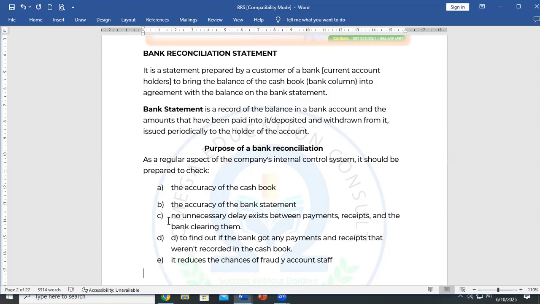When I say the check is cleared, it means the amount there has been disbursed or paid to whoever is supposed to be paid. If a GCB check is being paid into an ADB account, it takes some time. Why? Because it has to go to a certain department we call the clearing house.